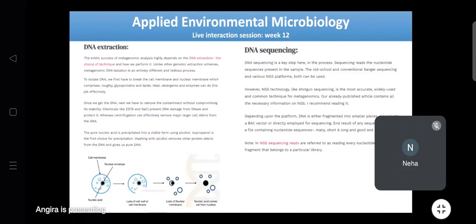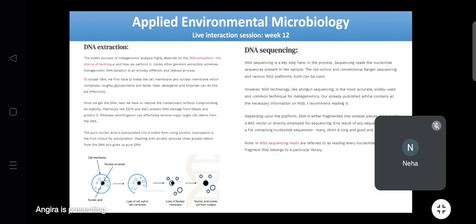We can physically lyse the cell by sonication, or we can add detergents or heat. We sometimes add SDS, sodium dodecyl sulfate. When you do it in lab, you generally add a certain quantity of SDS to lyse the cells of the sample that you want to extract DNA from.